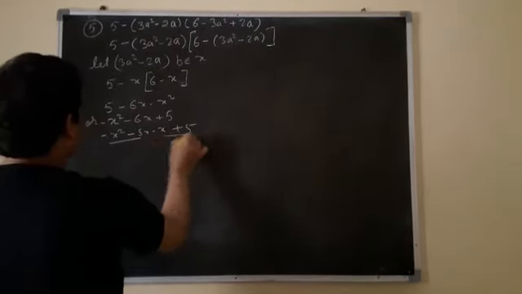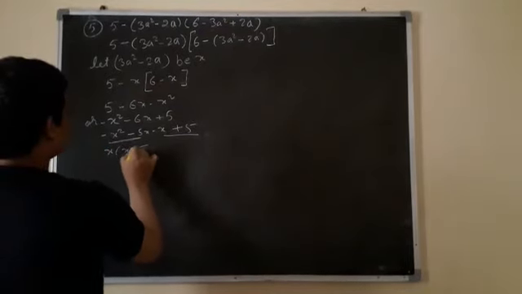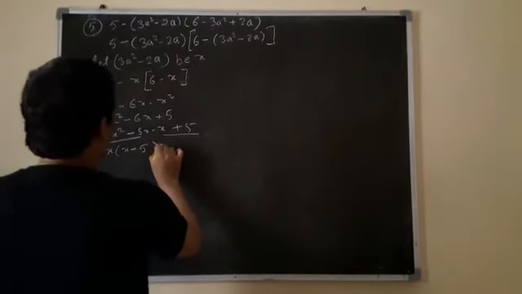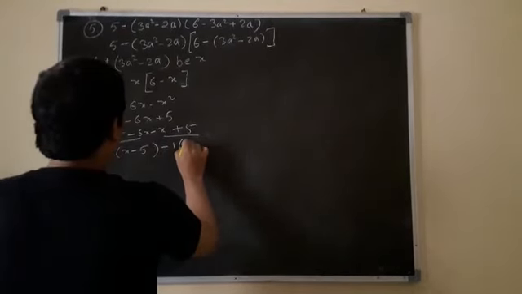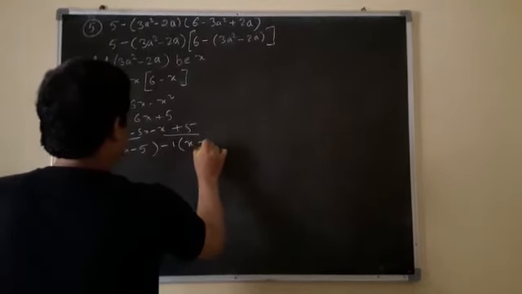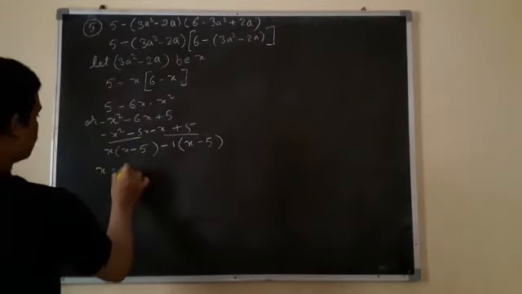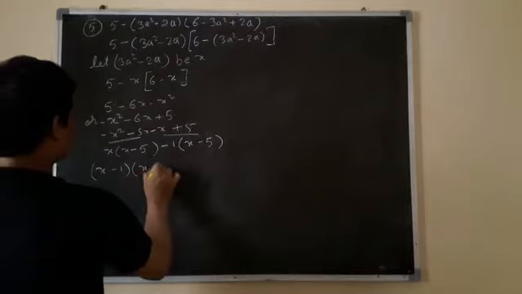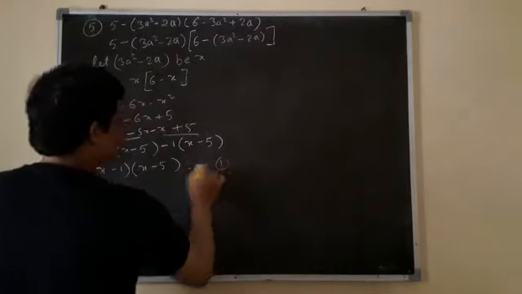Now we will make a group. Here x will be common: x minus 5, and this side minus 1, so x minus 5. So x minus 1 is the first factor, x minus 5 will be the second factor. This is our first equation.